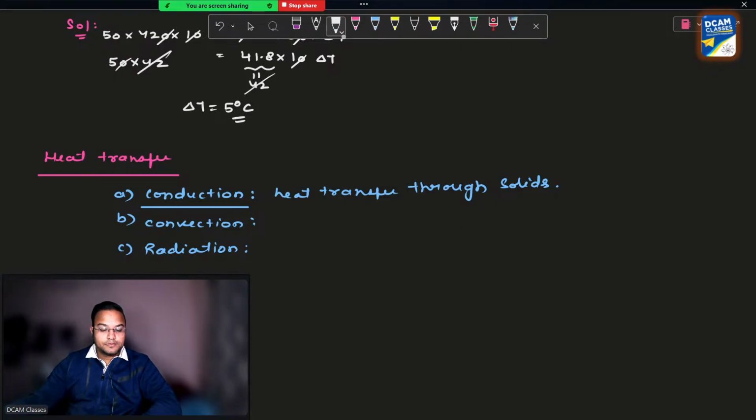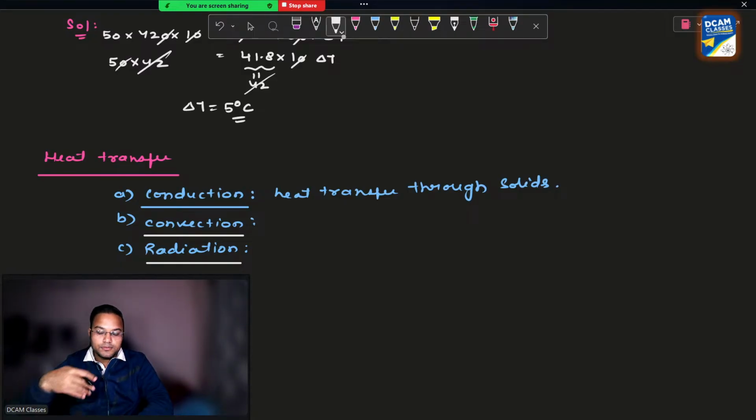Now convection, what is convection? Convection is a process in which heat transfer takes place because of the change in density. You have seen in your households, when mom cooks or boils something like water, you see bubbles.